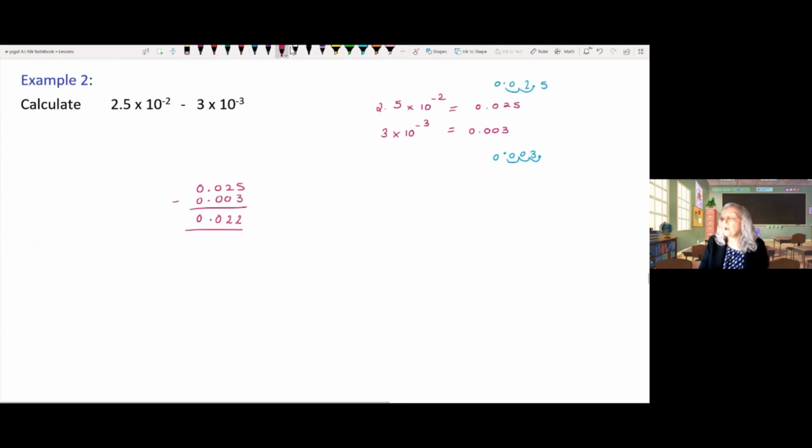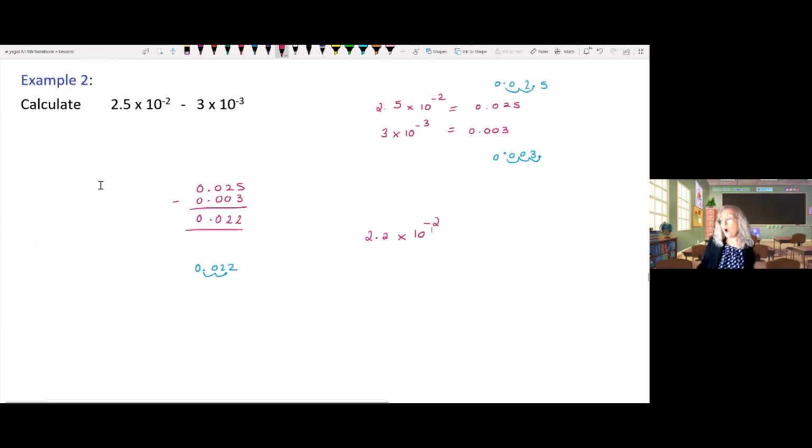So I am going to have 2.2 multiplied by, it's a small number, so it's 10 to the minus something. So let's work out what that will be. I need my decimal point to be here, so I have to move twice. So it's 2.2 multiplied by 10 to the power of minus 2.